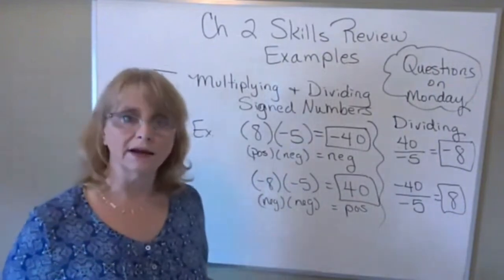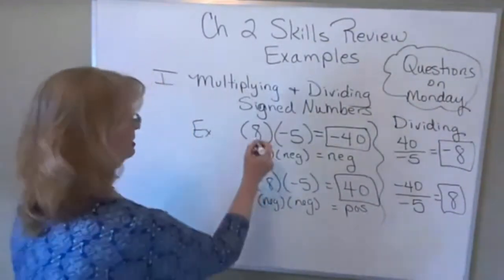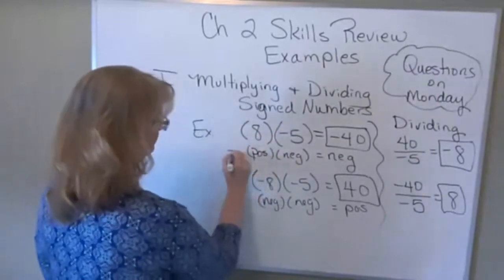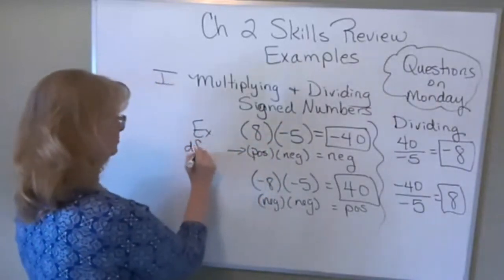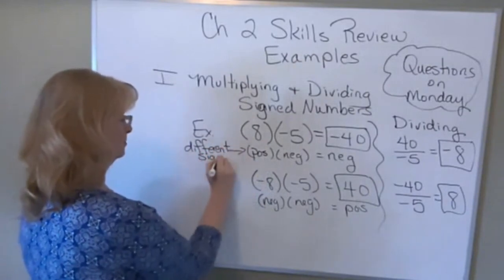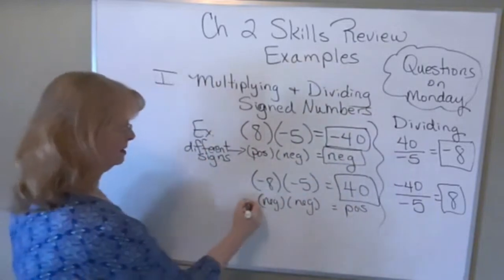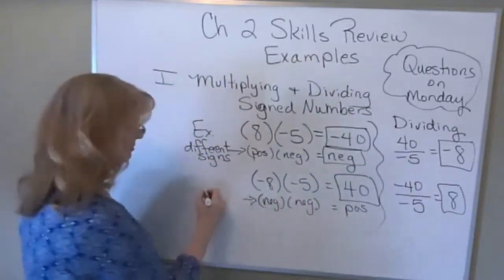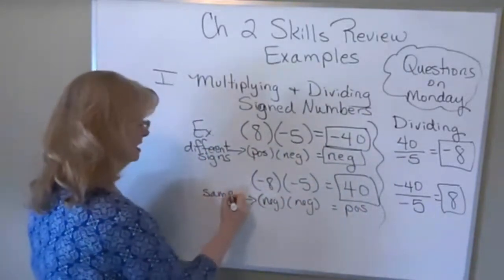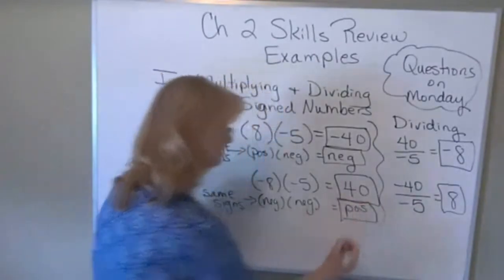It's kind of like what we were talking about yesterday: when you have different signs, you get a negative. And when you multiply or divide numbers with the same signs, you get a positive.